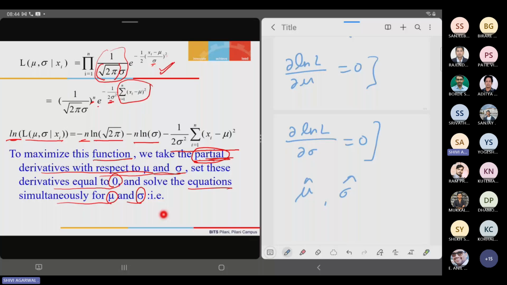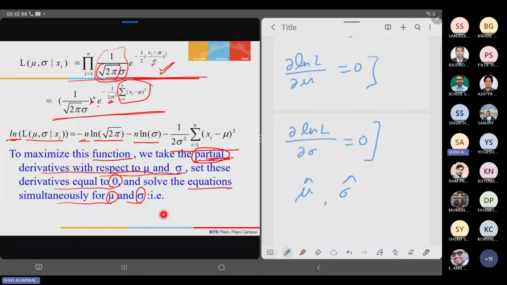It is the density function for the normal distribution. It is given in the question that it is a random sample we are taking from the normal distribution. So if we are taking from the normal distribution, then we take the normal density function. We take the product of this normal distribution density function n times, so we get the likelihood function.